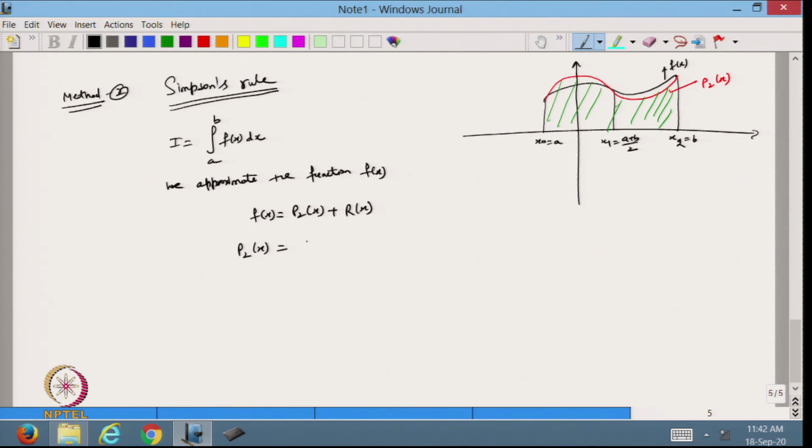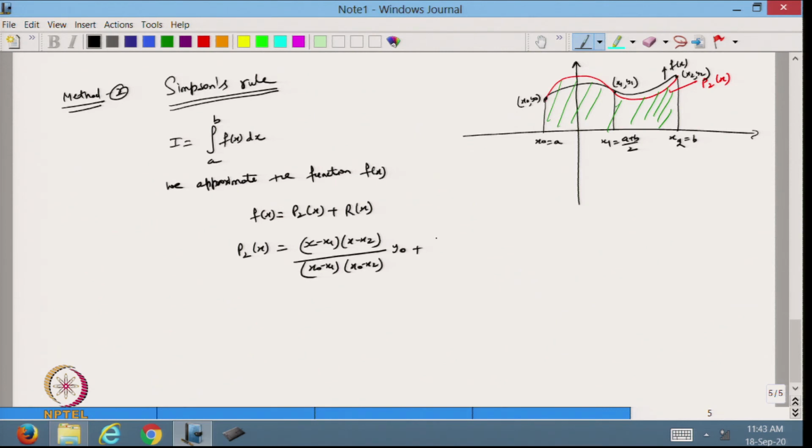So, in this case it will be (x minus x1)(x minus x2) divided by (x0 minus x1)(x0 minus x2) times y0, the value of the function here. This is my point (x0, y0), this is my point (x1, y1), and this is the point (x2, y2).